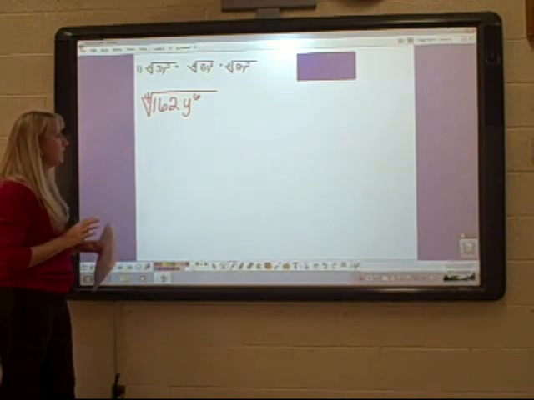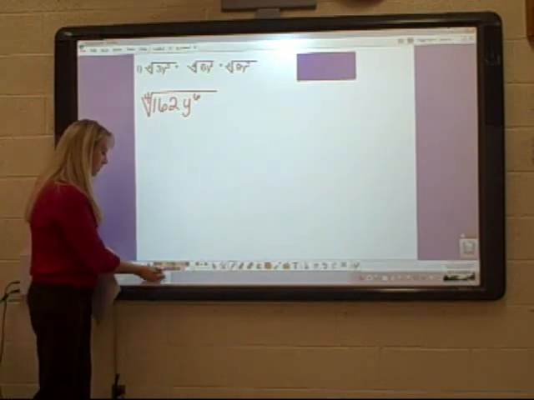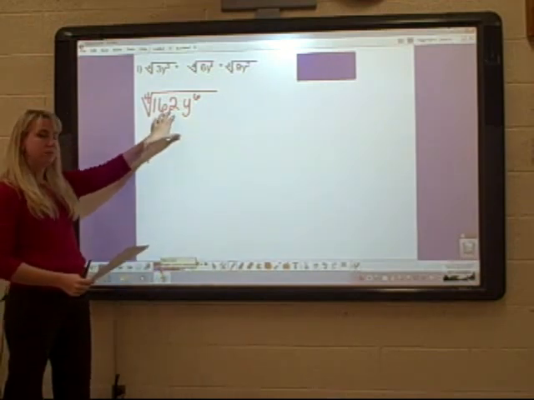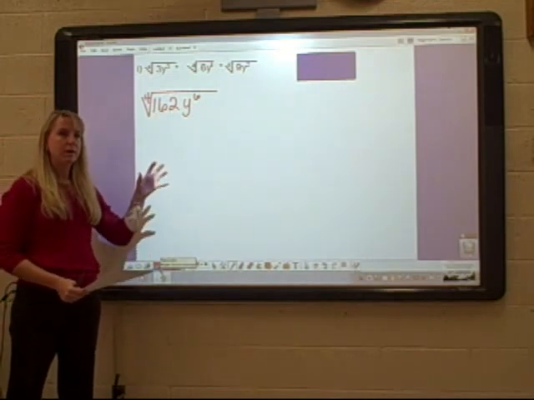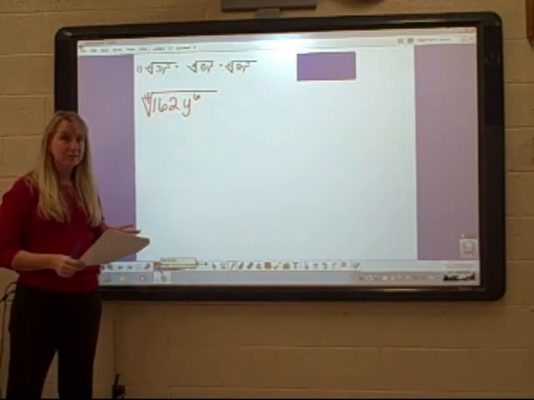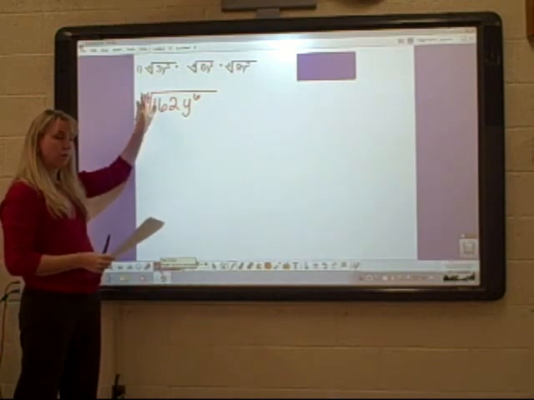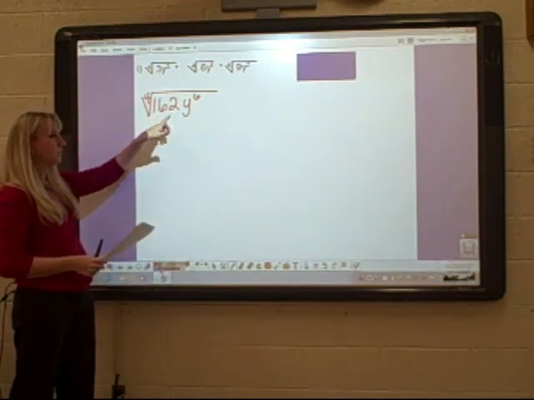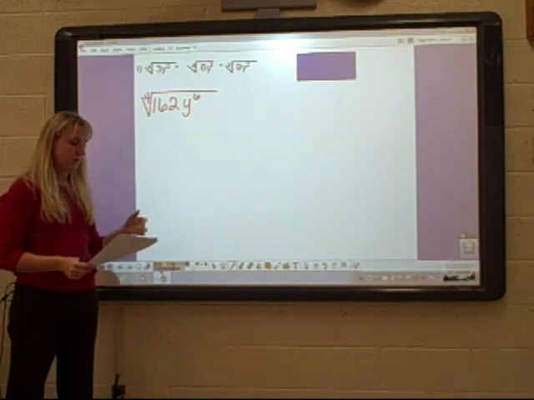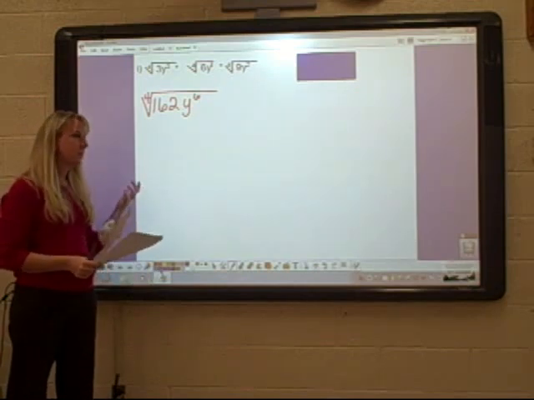Now think about what's our goal. We've got to write 162 as a number to the 4th power. And it might not be exact, because it might not be a perfect cube or a perfect quad. So I've got to try to think of, okay, 2 to the 5th power. I'm thinking of 3 to the 3rd power.